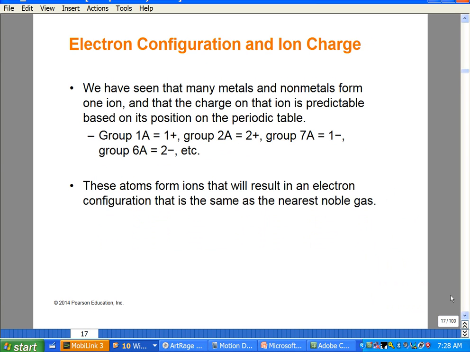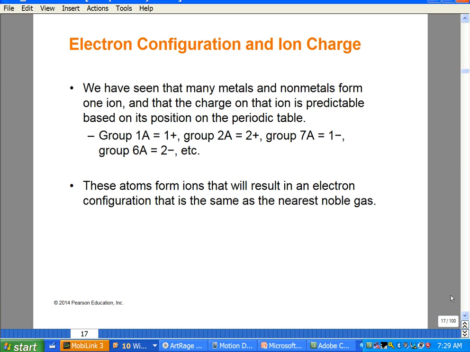So that is, in a nutshell, how we can predict the trends in atomic size, how big an atom is based on its position on the periodic table. We can also do that for ions.